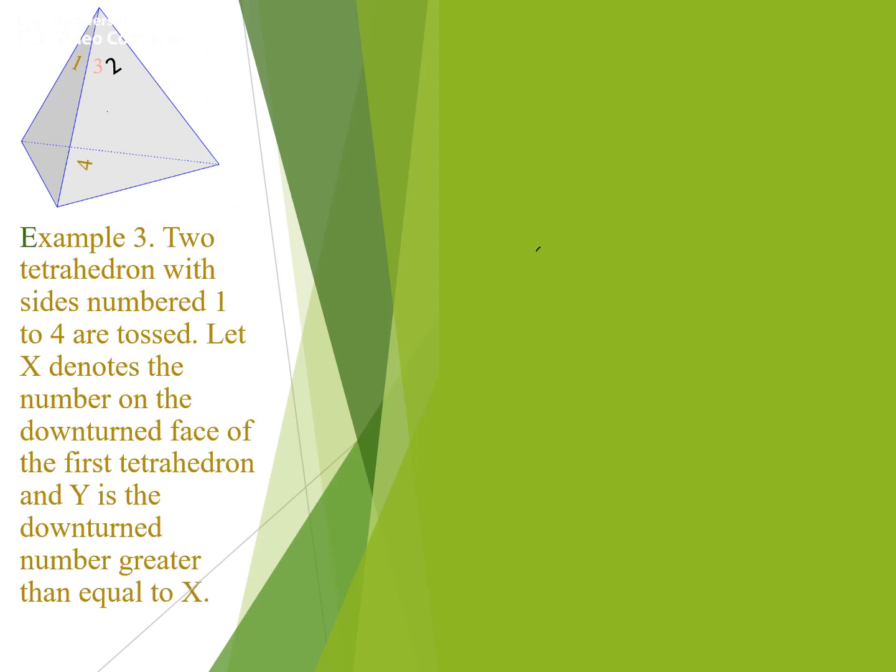Now the third example: two tetrahedrons with sides numbered 1 to 4 are tossed. Let x denote the number on the downturned face of the first tetrahedron and y the downturned number, greater than or equal to x.